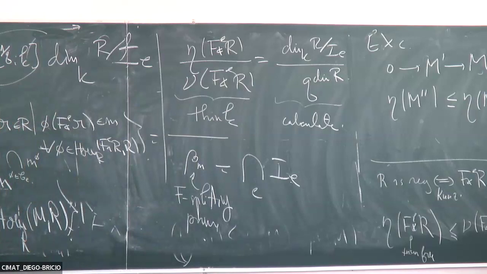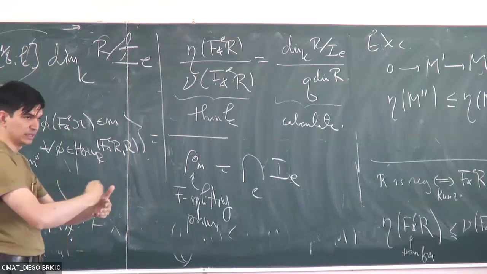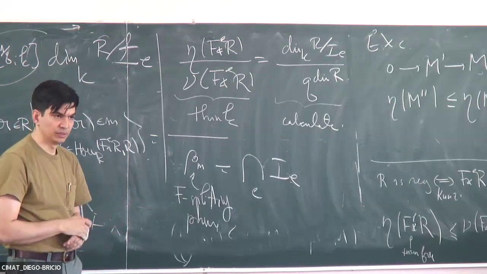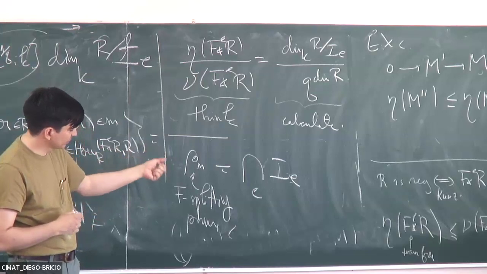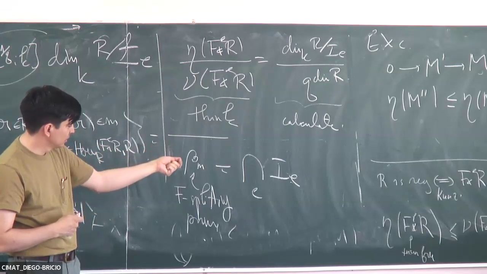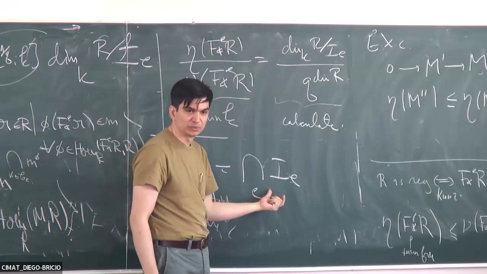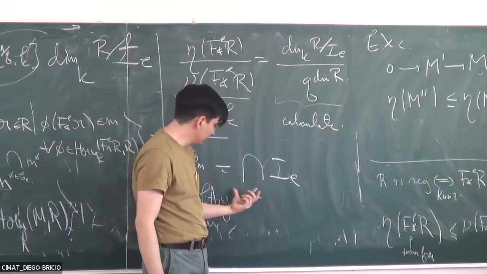So this is the pure case actually. These I's will form a nested sequence of ideals. They just get deeper and deeper and deeper the more you go out with the e. And so this intersection is getting very, very small. Okay, but it may not be zero.